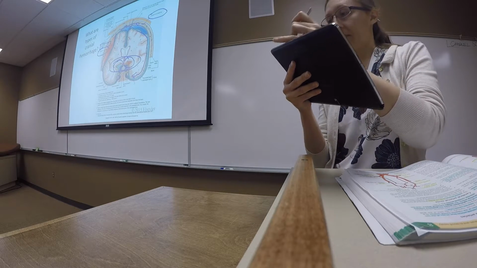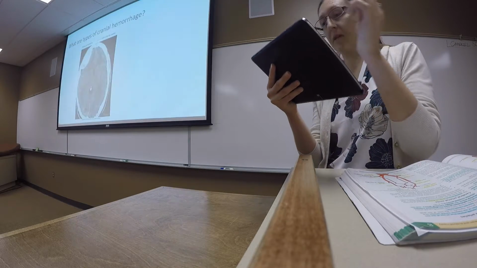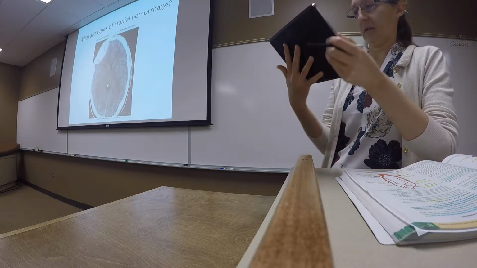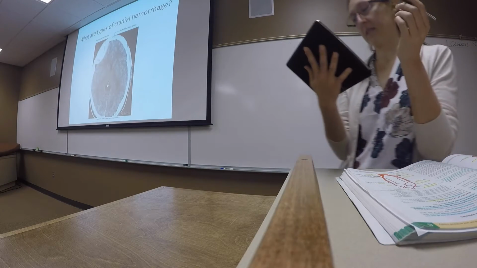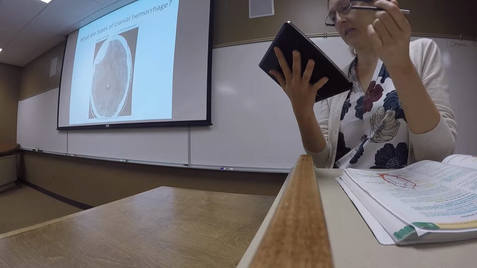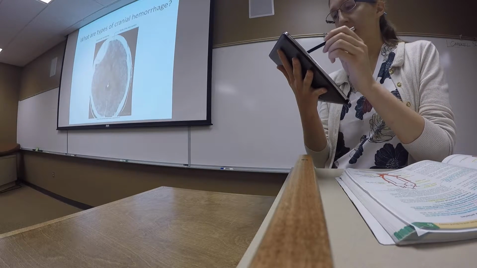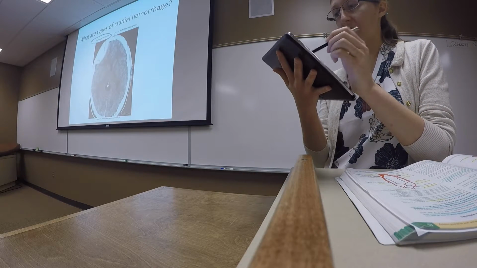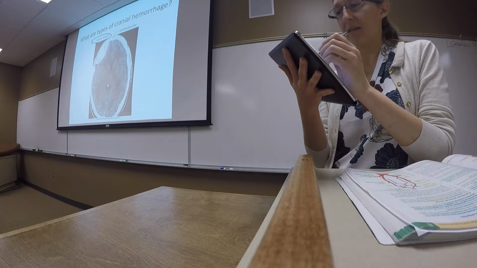Okay. So just some images. These are, I believe, CT scans showing each of these types of cranial hemorrhages. So we have the extradural hematoma, which is very typically this kind of lens shape.